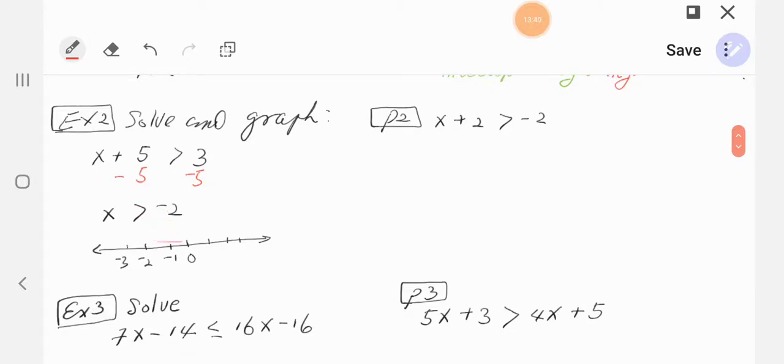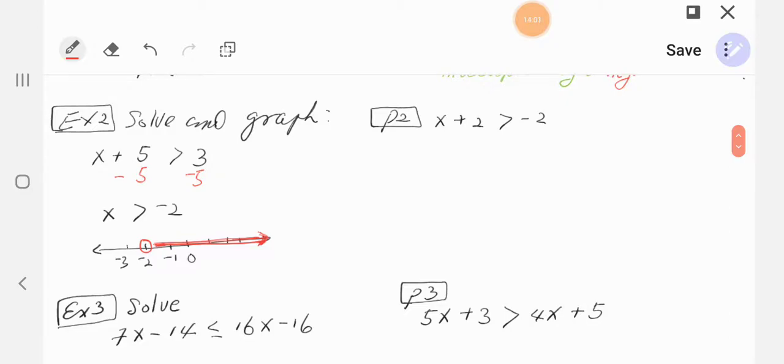There's no equal sign. Use an open circle or parenthesis, and then go all the way to the right because x is greater than this number. The numbers greater than this are always to the right.